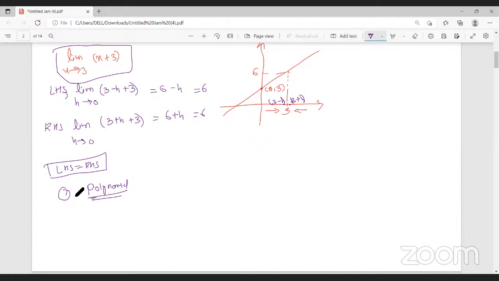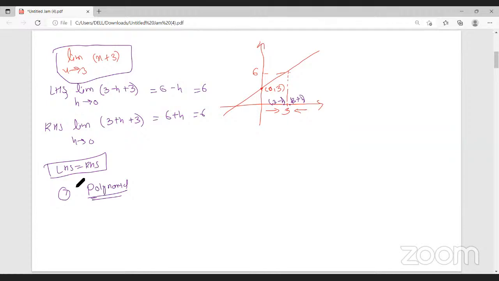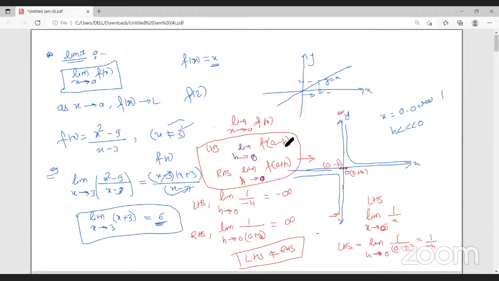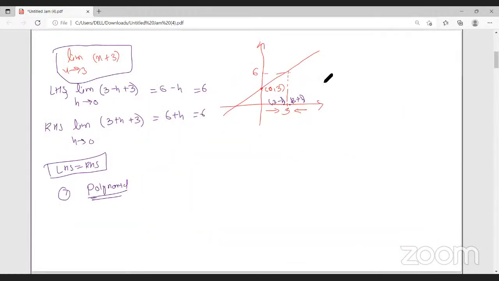Sir, can I ask a question? Just like e^x is used for computer virus production, and log x is used to compute earthquakes, what is the application of limits in our life? That we are going to study in the next lecture. Limit, continuity, differentiation.